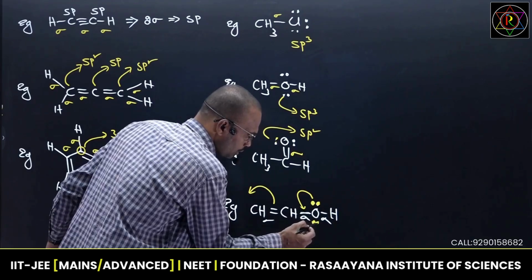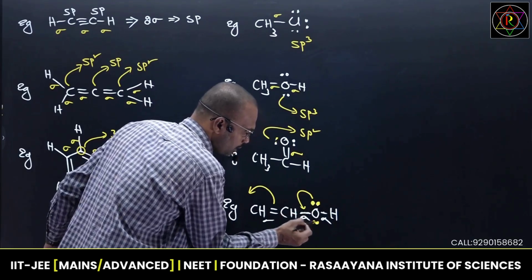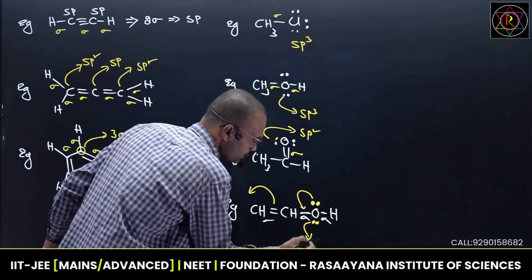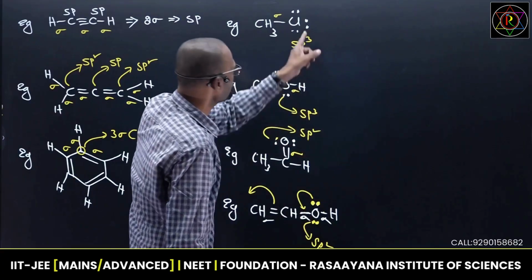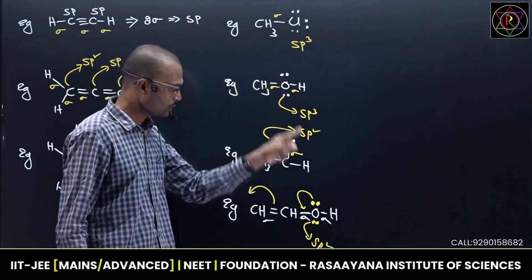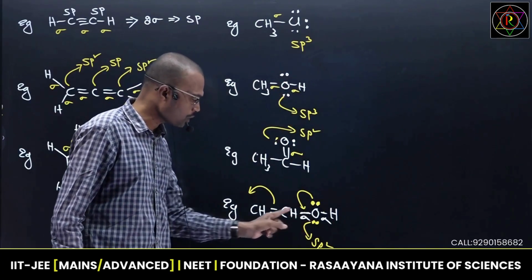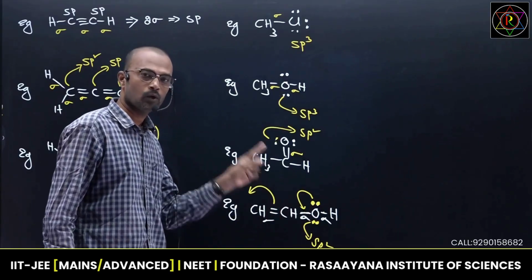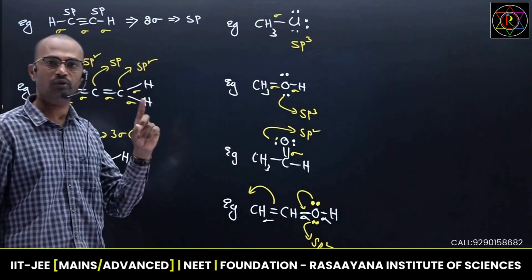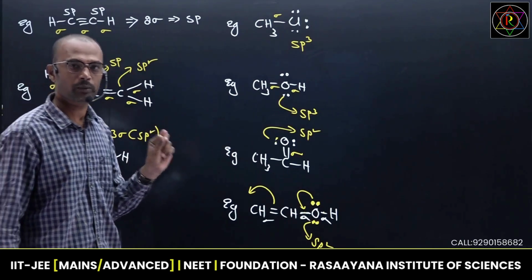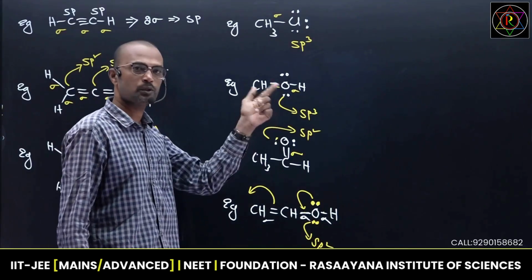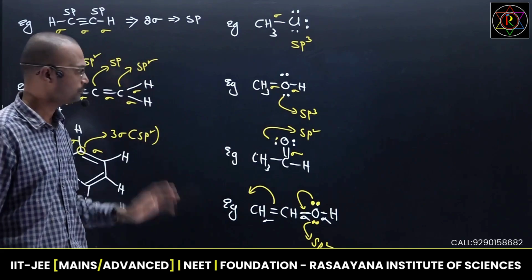Only one lone pair, 2 sigma should be considered. So here 1, 2, 3. Then hybridization is sp2. This is not sp3. Don't consider it like this. If any heteroatom is conjugate to double bond or triple bond, one lone pair is involved in delocalization, that we need to ignore. Leftover lone pairs and sigma bonds will give one number. That number will give either sp2, sp3, etc.